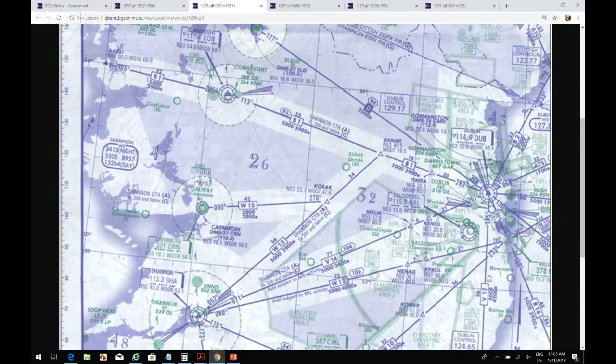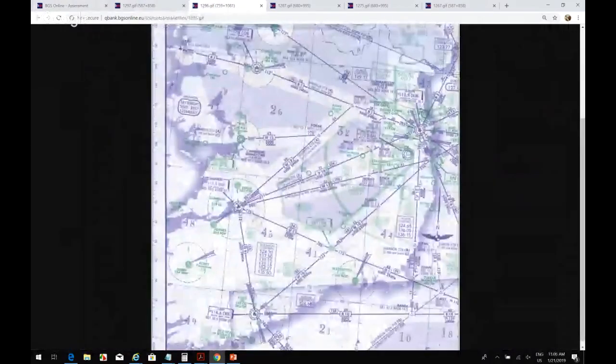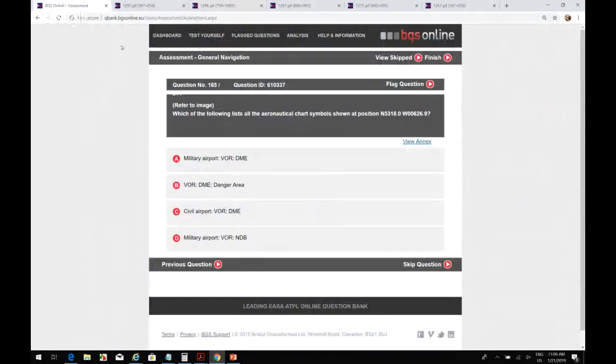All right. Baldonnel. Okay. I'm going to say that's a military airport this time because of the cartwheel shape. No, because Shannon is. Yeah. What else is it? If it's civil, is there a VOR DME there?